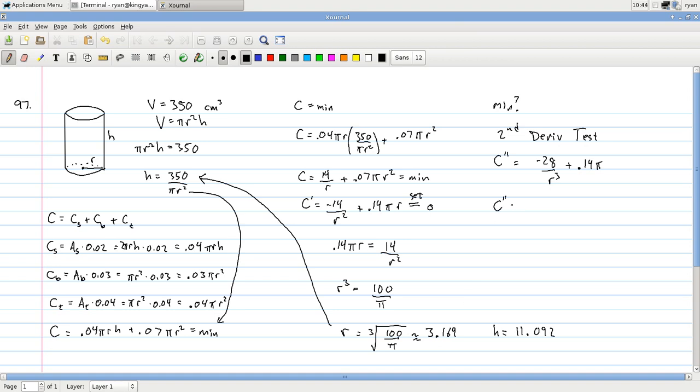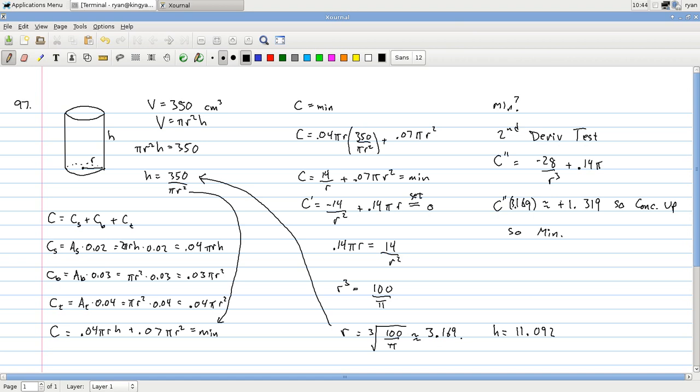So c double prime of 3.169. We plug this into our second derivative. This gives us a value that's approximately positive 1.0319. This is positive, so that tells us that the function is concave up, so that we actually have a minimum.